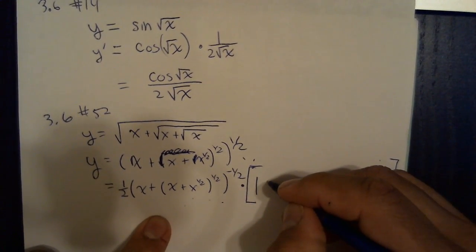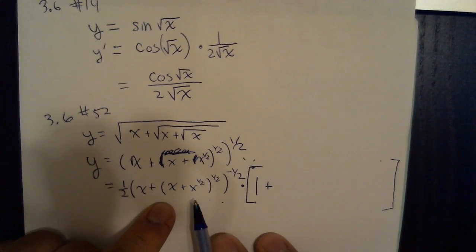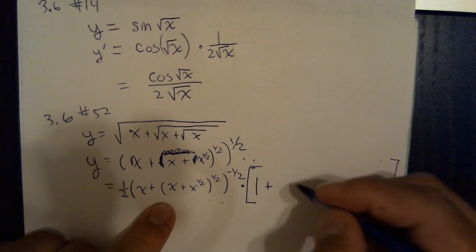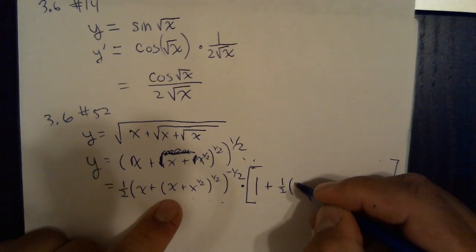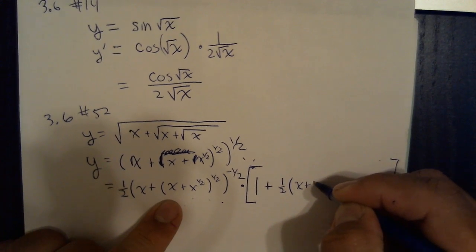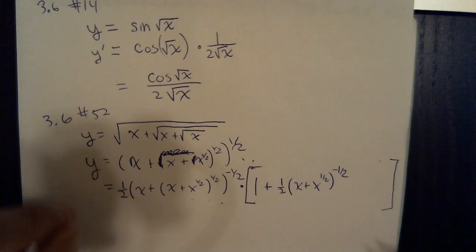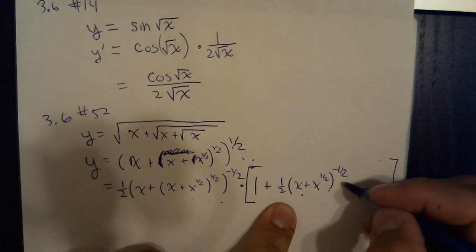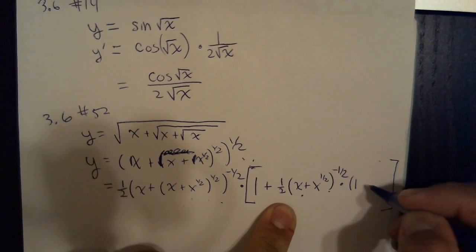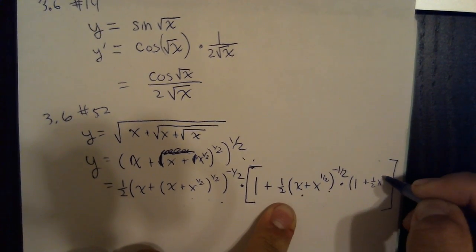Plus, here, this is a chain rule nested inside. So that'll be 1/2, the derivative of that using the power rule, but again the chain rule for this function, so times 1 plus 1/2 x to the negative 1/2.